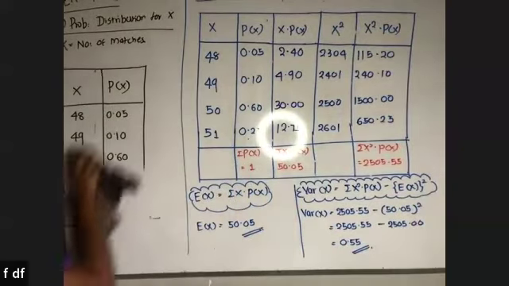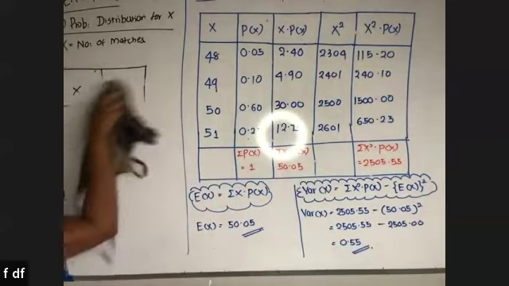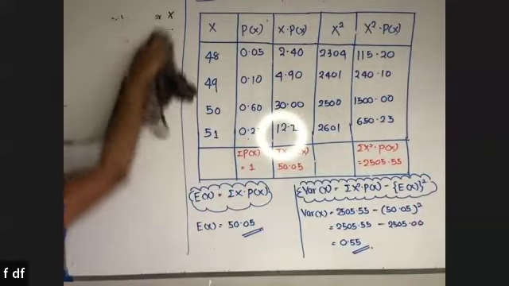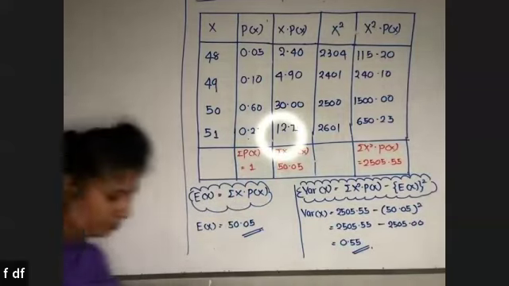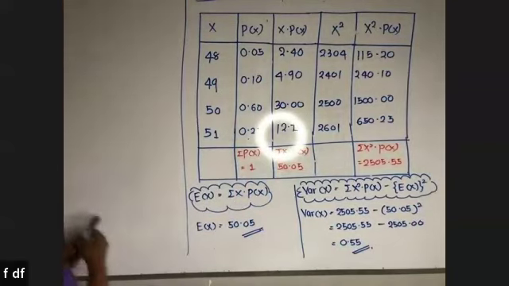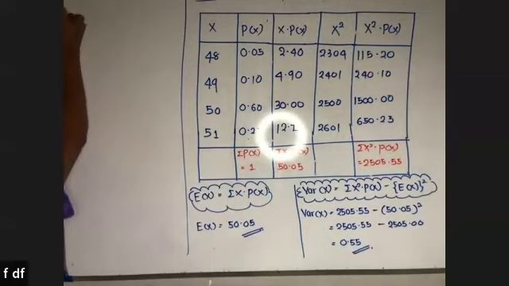But here, what will really happen? 50.05 is the mean, for the number of matches needed for 10,000 boxes.